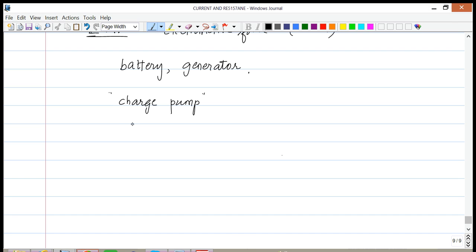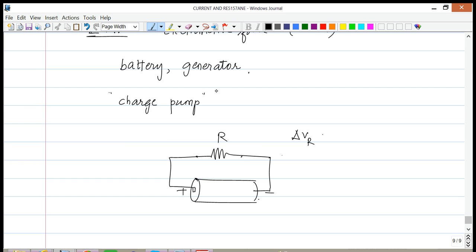Let's say you have your positive terminal and your negative terminal, and you attach this to some resistor R. Now, if the battery has no internal resistance, then the voltage across the resistor is simply equal to the EMF of the battery.